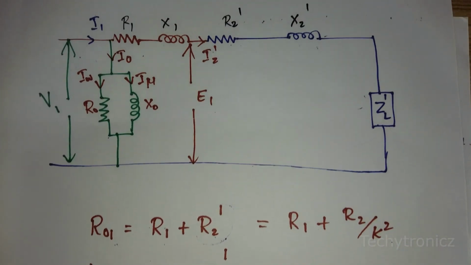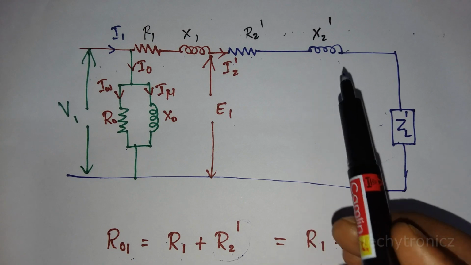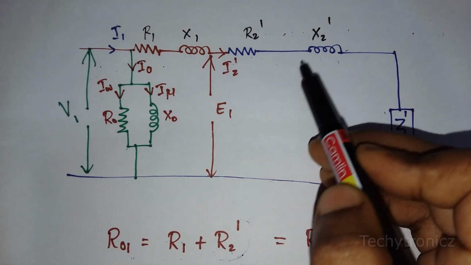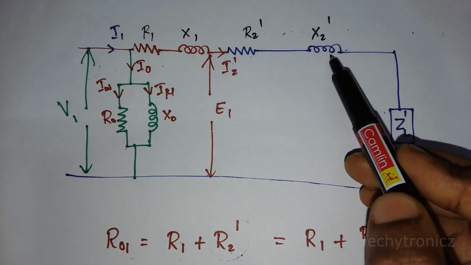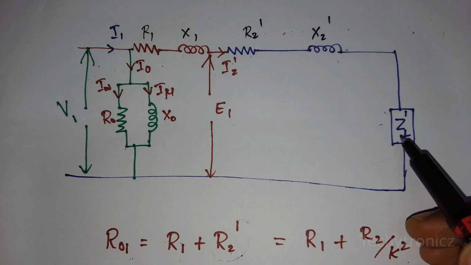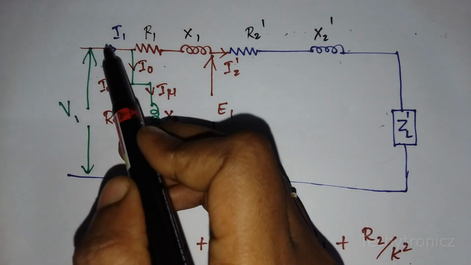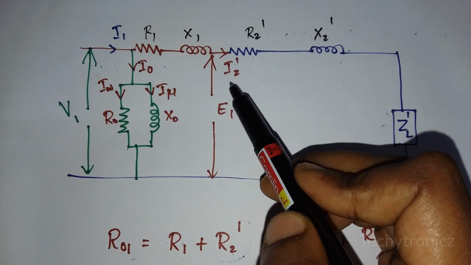Now I have drawn both the primary and secondary side. This is the primary side. I have connected the replaced secondary components here, that is R2 dash, X2 dash, ZL dash. The current flowing in the primary winding is I1, and the additional current for the load condition is I2 dash.